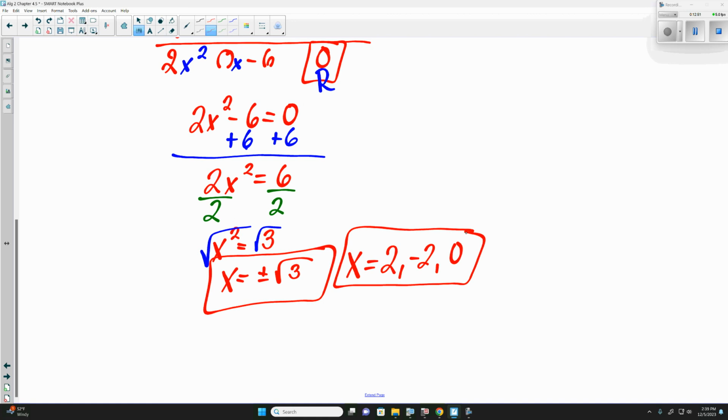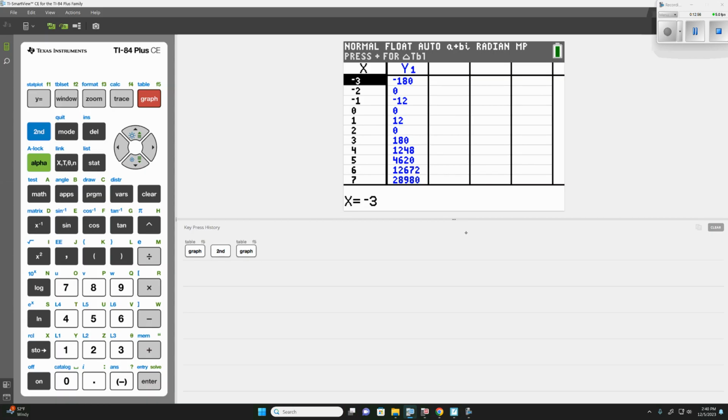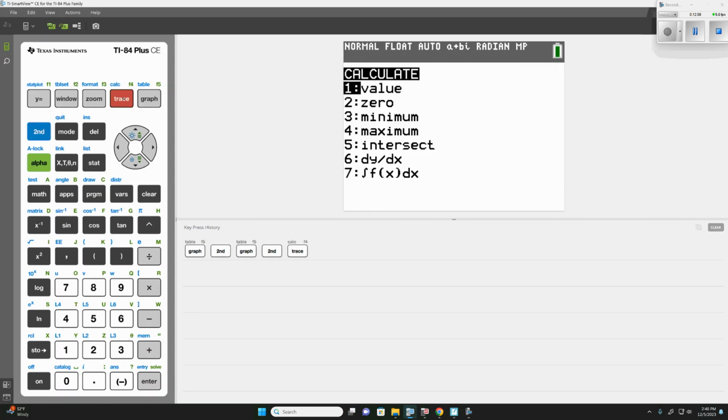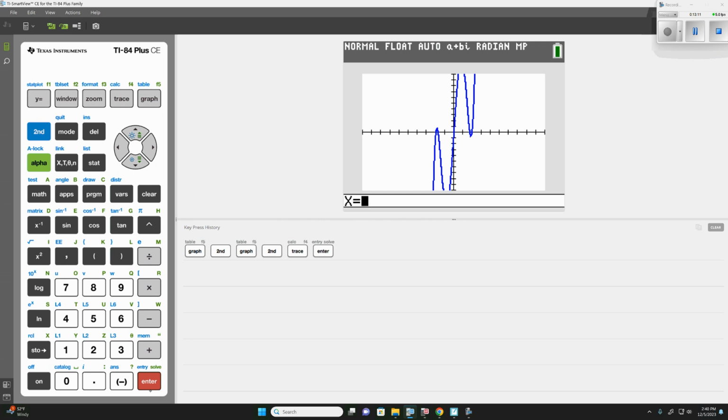Yes? Now I will show you kind of a neat trick. In the graphing calculator, go second trace. Second trace. Now the first one is value, yes? Hit enter. What this is asking us now is a value for x.